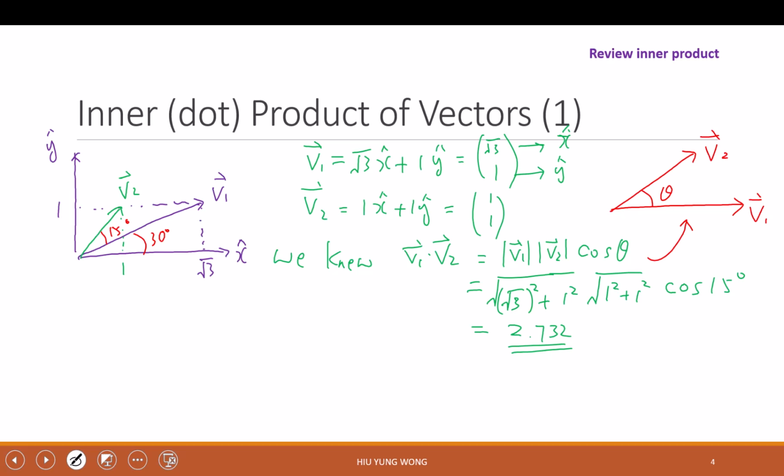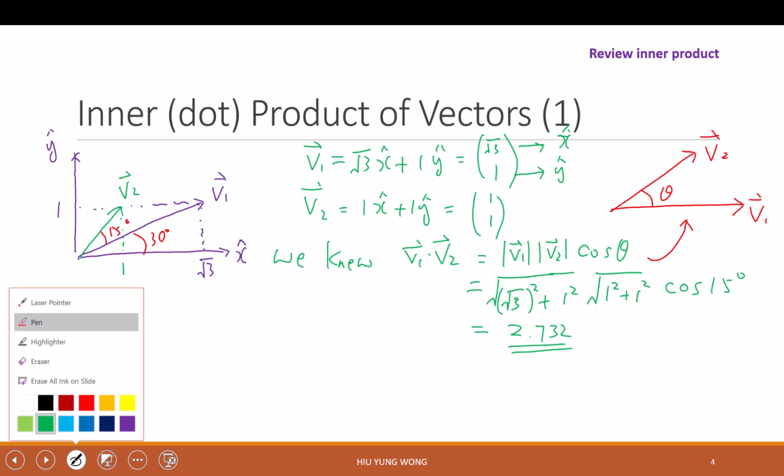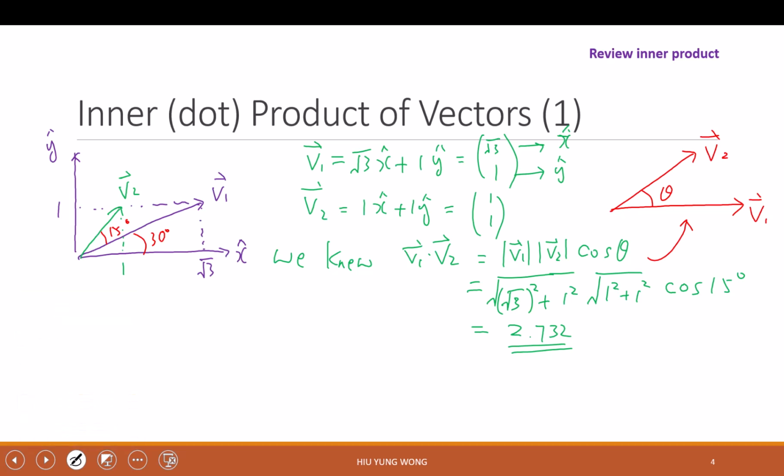So actually, what is the meaning of inner product if you look at this? It basically say this, the inner product is like that. If I, in this figure, right, I draw a perpendicular line to here. This part is actually the length of V2.